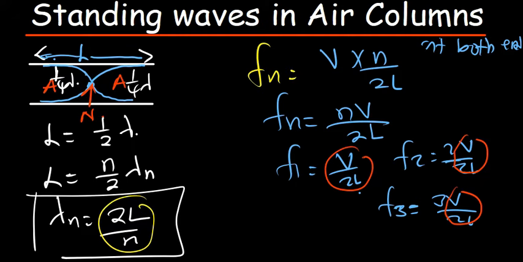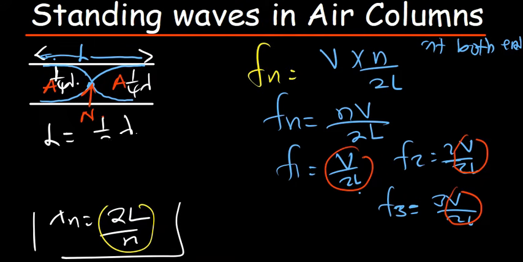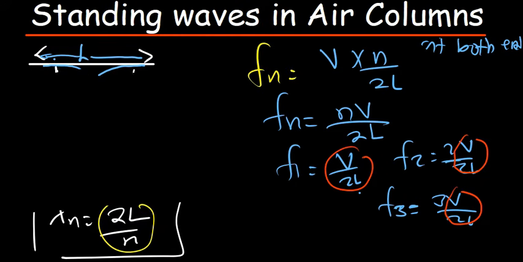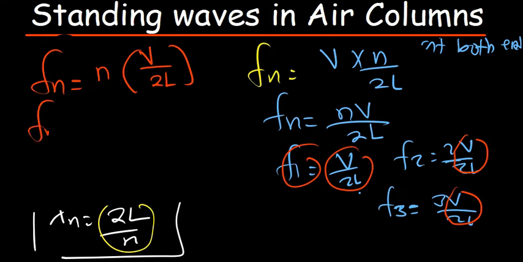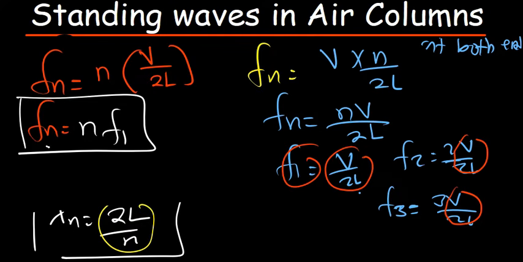Therefore, we can clearly see that I can isolate n to be here, then I say V divided by 2L. So V divided by 2L is the first fundamental frequency. So that's why we are going to see this formula now. So this formula is also important. We derived this formula when we were talking about the normal standing wave. So it's the same thing.